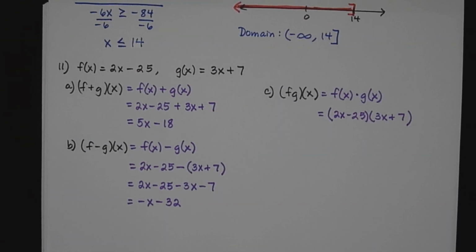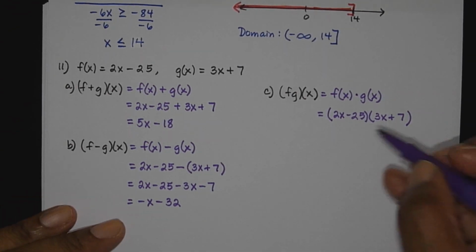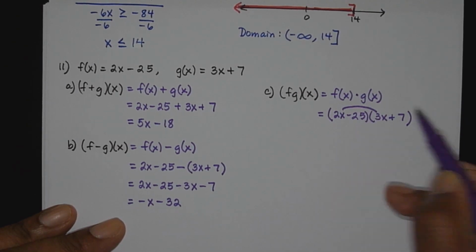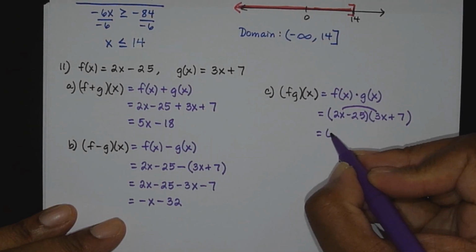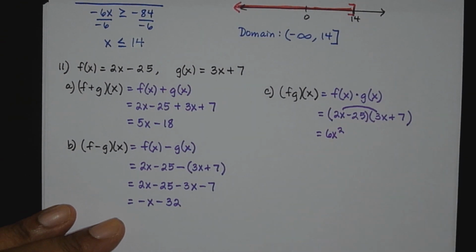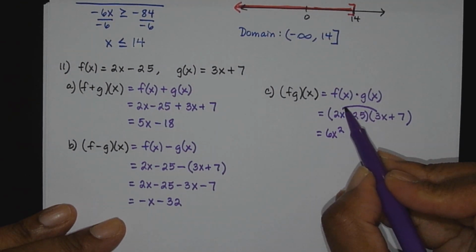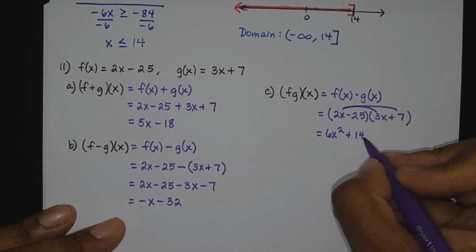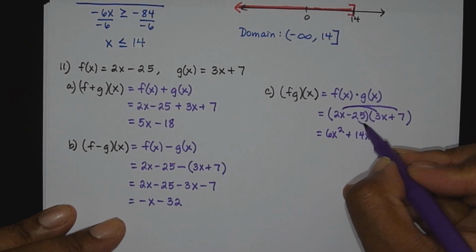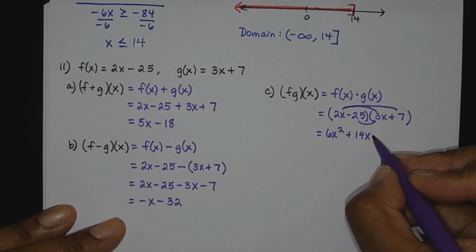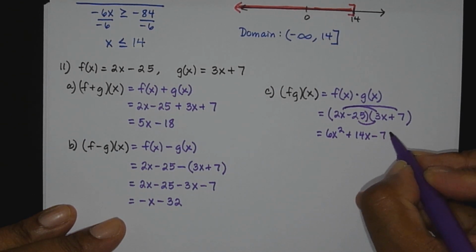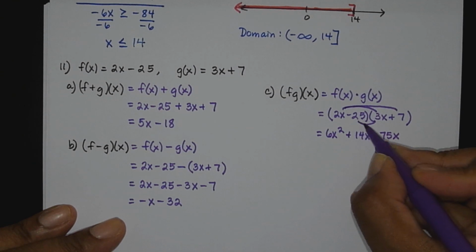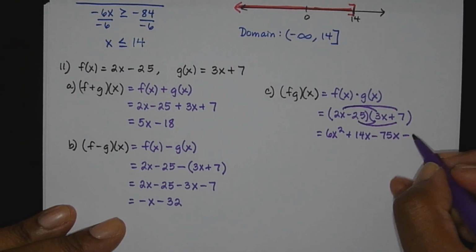So here we're multiplying two binomials, so that means we'll have to use the FOIL method. And that's this, 2x times 3x, which will be 6x squared. The outer would be 2x times the plus 7, plus 14x. And then the inner will be minus 25 times 3x, right? Negative 75x. And then minus 25 times that plus 7.